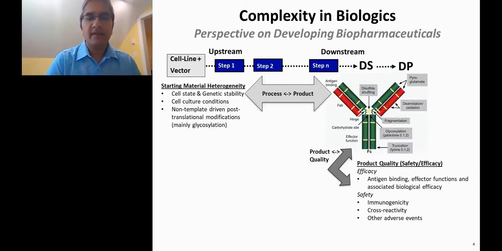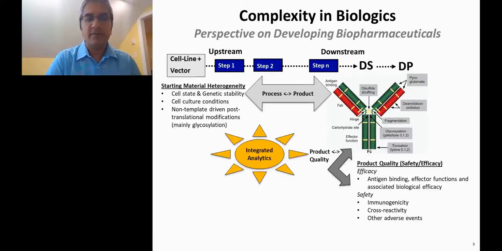So clearly looking at this in the context of process to product and product to quality is the way we want to address understanding, deriving these relationships to address the complexity in biologics. And a key part of doing that is through developing integrated analytical workflows.